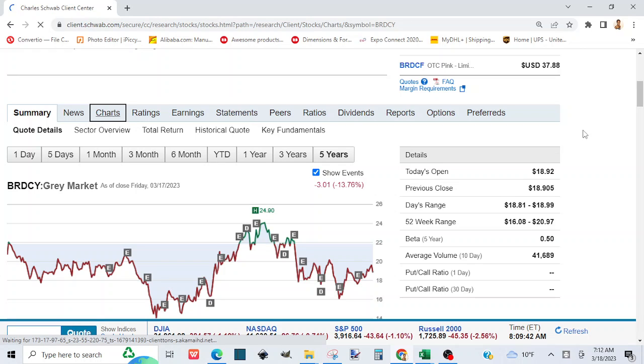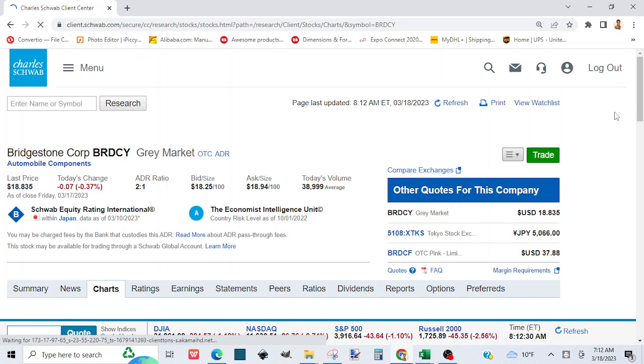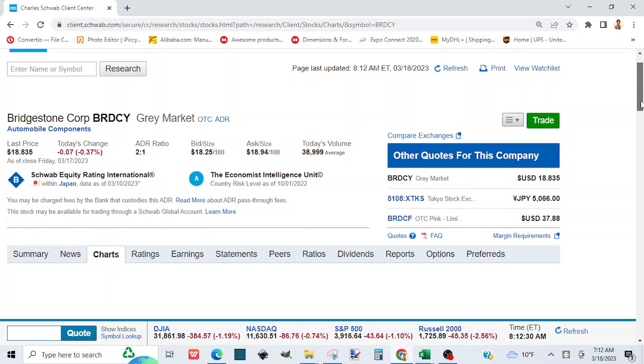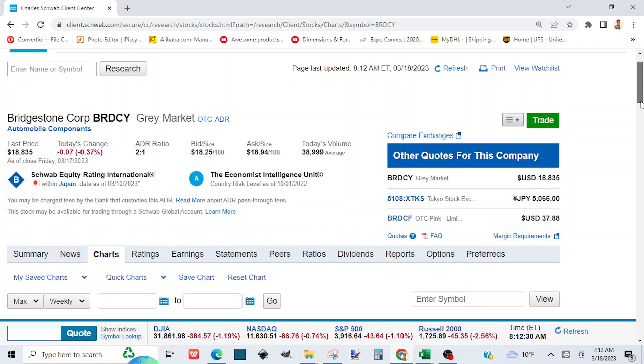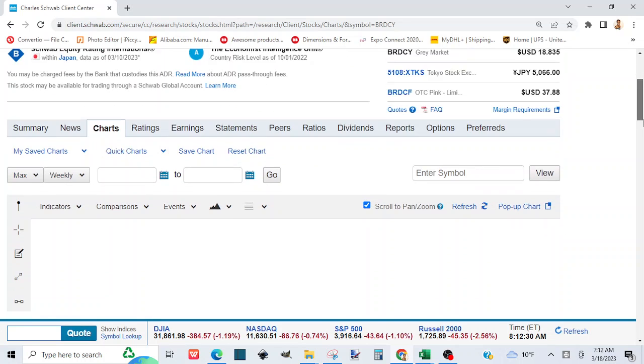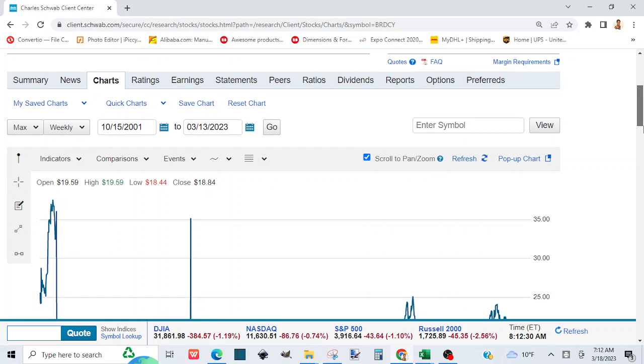We know it's paying a dividend, but it's sold on OTC, and that alone is enough for me not to continue much with this stock. But I'm going to use it to show you other filters you need to apply.